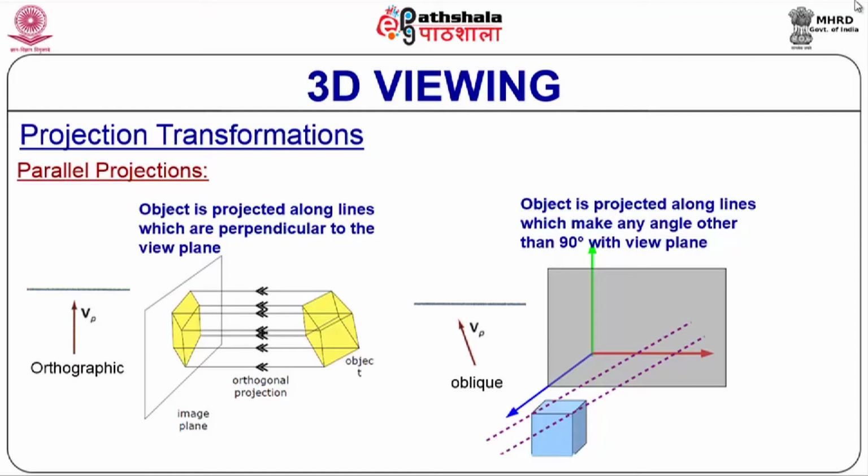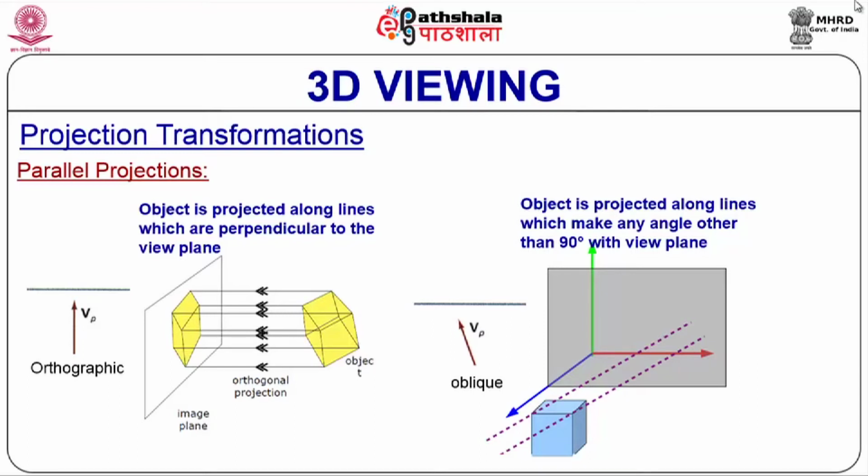Parallel projections are projections where the lines of projection are parallel. Imagine a plane of projection and an object being projected onto this plane along lines which are perpendicular to it, so the angle between the line and the plane is 90 degrees. When the lines of projection hit the plane of projection perpendicularly, we call it orthogonal or orthographic projection.